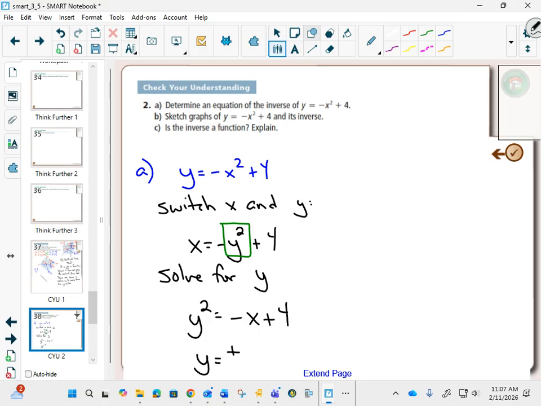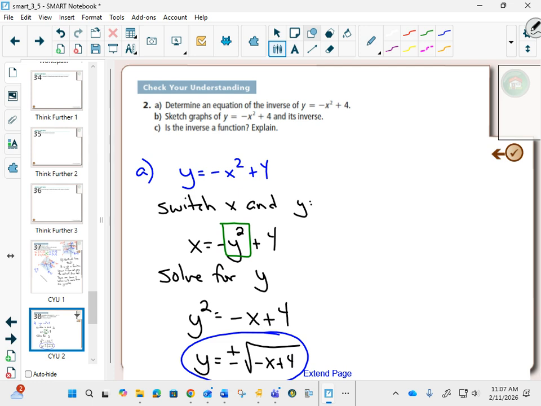And of course, super easy to forget, but when you square root both sides, you have to add a plus or minus. This is the equation of the inverse.